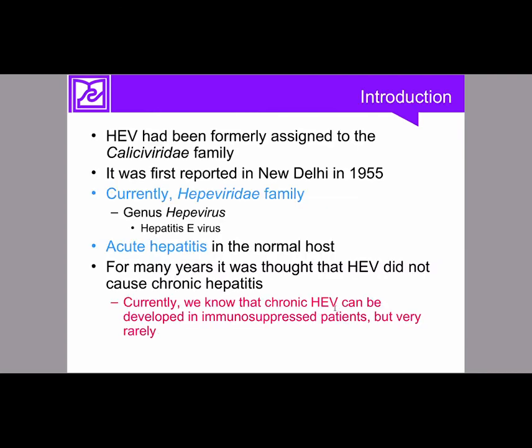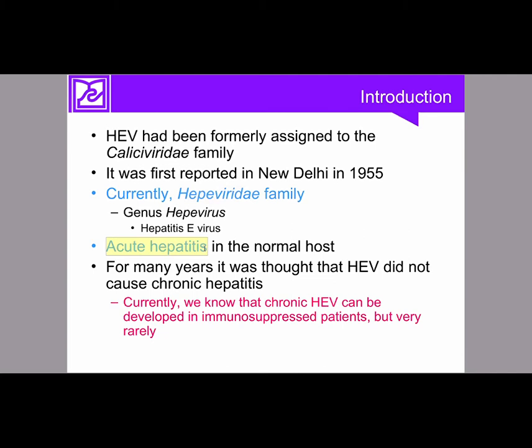Hepatitis E virus was discovered a long time ago. Well, not the virus, but the disease, okay? The disease was discovered a long time ago, and in the beginning, the virus was classified inside the family Caliciviridae. And later, the virus was classified inside the family Hepeviridae. So look, hepatitis E virus is the cause of acute hepatitis.